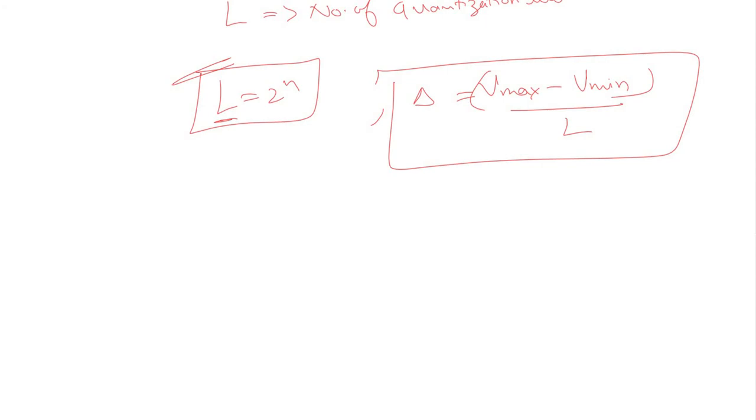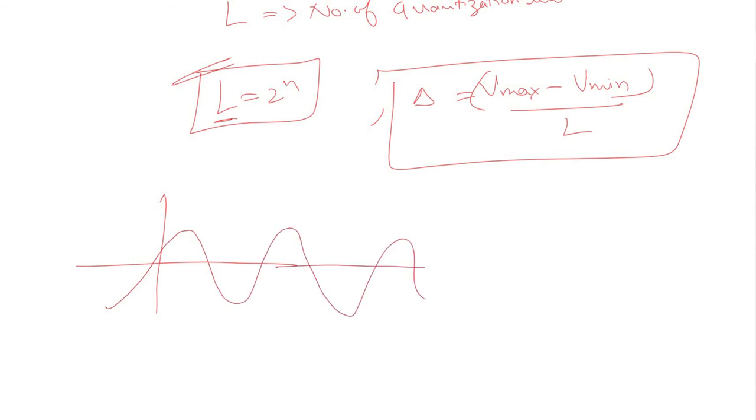If we take an example of a sinusoidal signal with amplitude AM, this is AM, this is minus AM. The dynamic range here is twice AM. So the step size would be twice AM divided by L, or twice AM divided by 2 raised to power n.